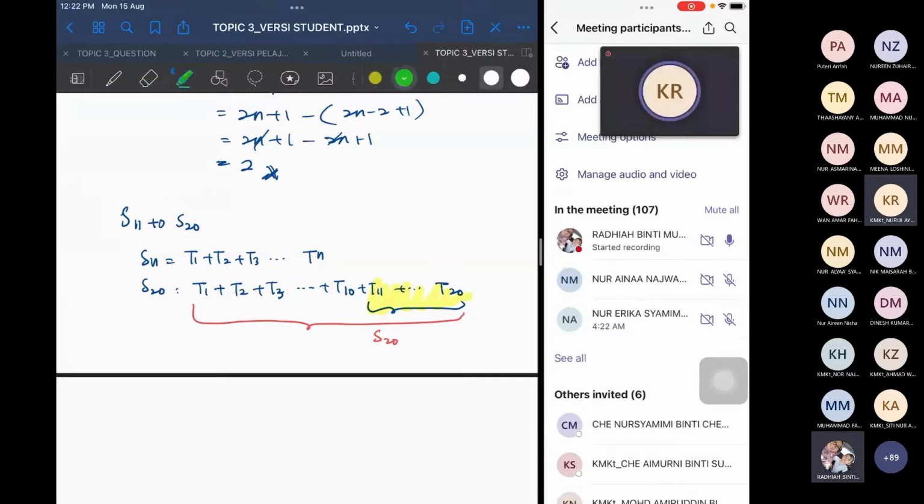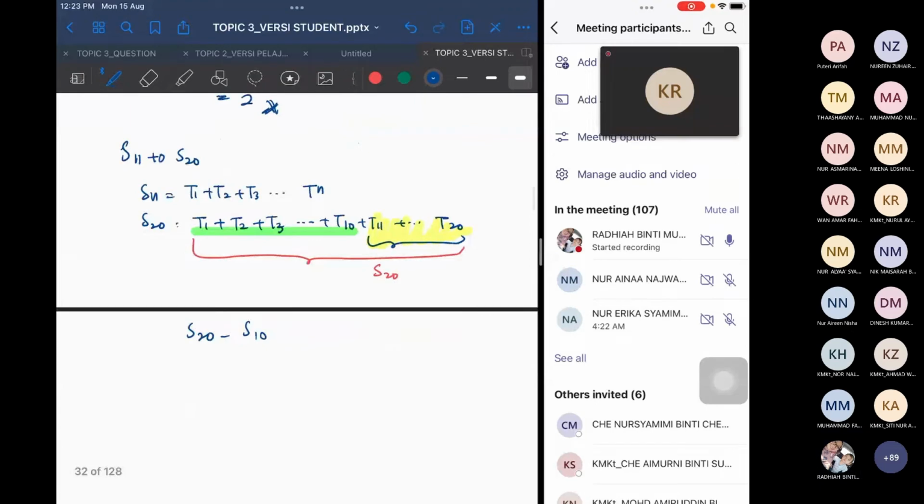Tolak 10. So kita akan tolak di sini. So yang merah tu akan tolak dengan yang hijau. Barulah kita dapat yang warna yellow tu. So jadi untuk dapatkan tu S20 minus dengan S10. Barulah kita dapat yang warna yellow tu lah.